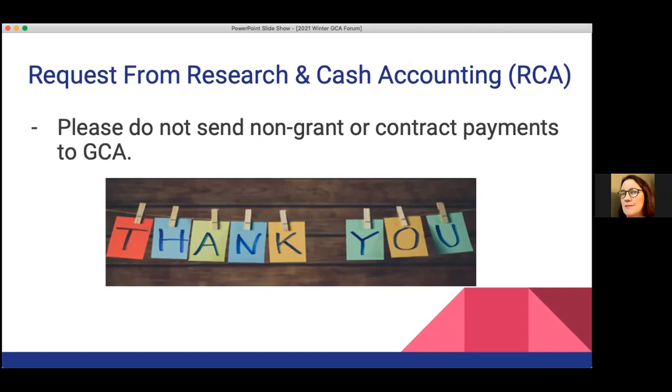Okay. The other question we have is, where do we send refund checks from a vendor? Well, it's just hard to know how they come in. If it ends up in your office, you want to follow the cash transmittal process. I'm a little hazy on it.